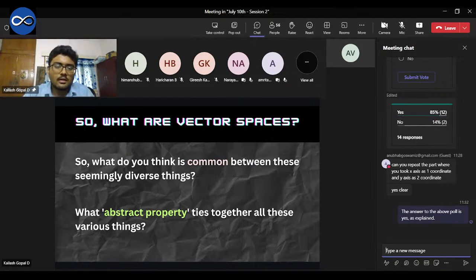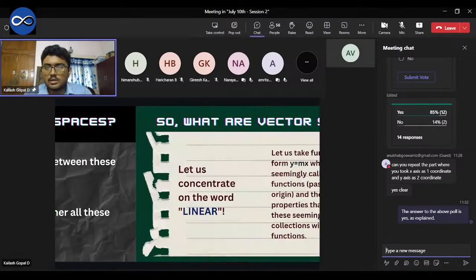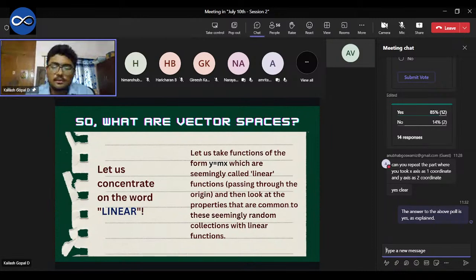We can visualize only up to a certain extent, and for a mathematician, just visualizing it is not enough. We need something abstract but concrete. So we need to come up with a set of properties that relates all these. Now we'll go on to talk about properties.